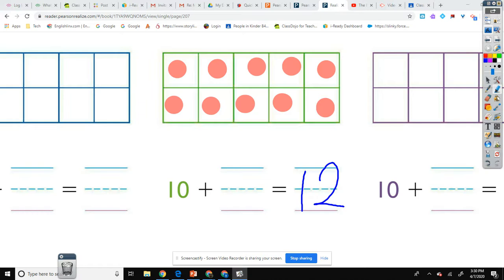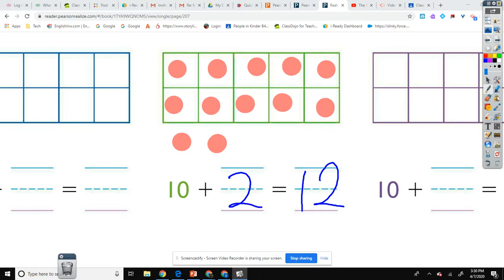Now, how many more do you need to put outside of the 10 frame, or outside of the cup, to make 12? That's 1, that's 2. Now I have 10 plus 2 is equal to 12, right?